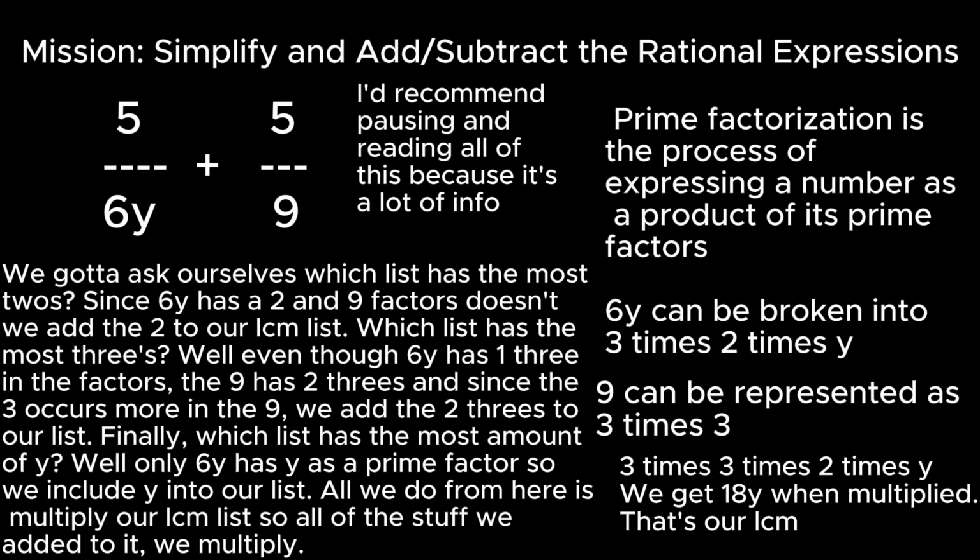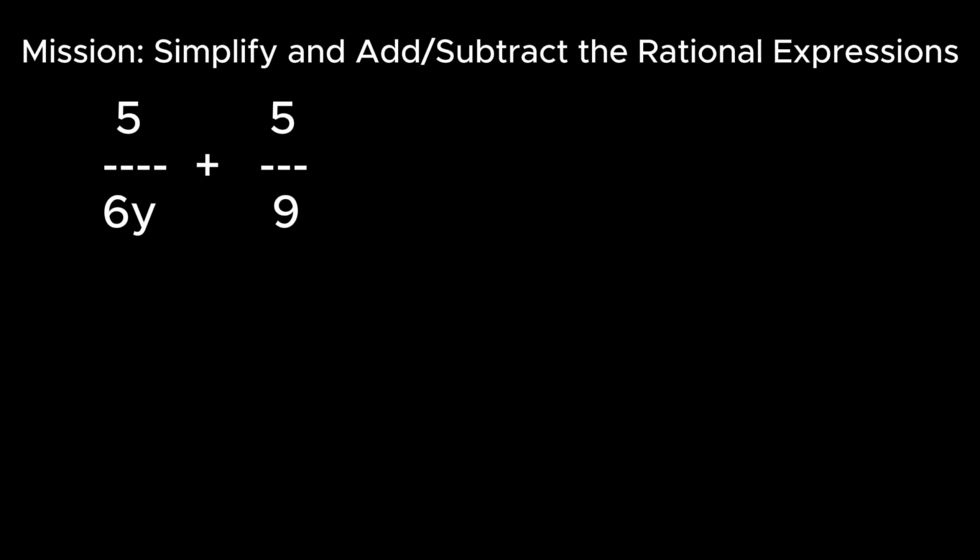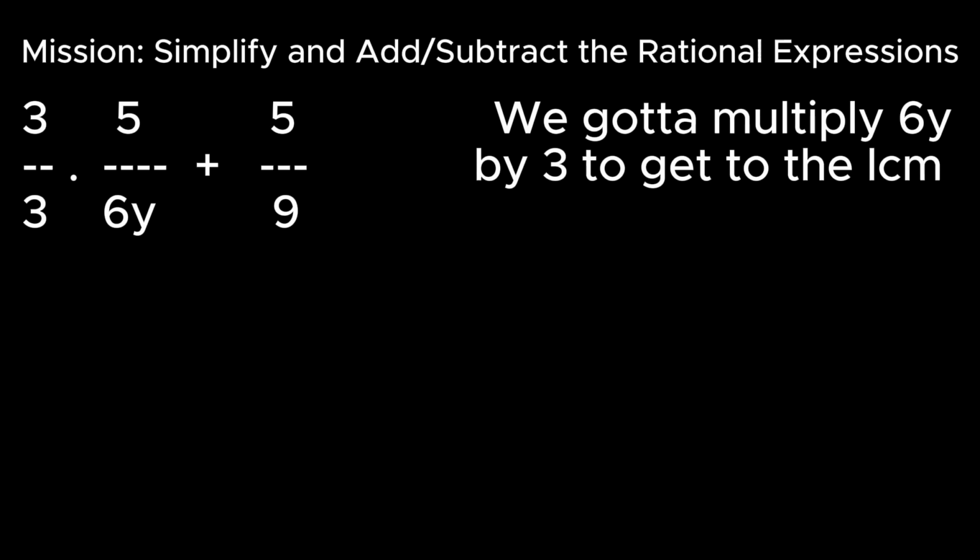And that's going to be our LCM. Since we know the LCM is 18y, what times 6y is 18y? Well, 3. So we have to multiply the top and the bottom by 3 in order for the denominator to go from 6y to 18y.